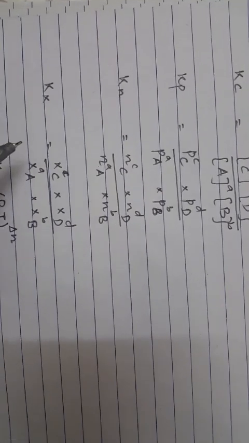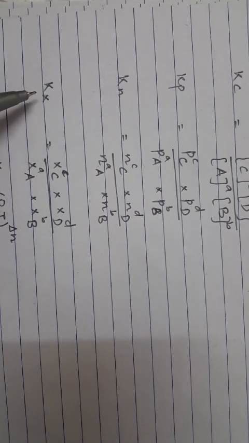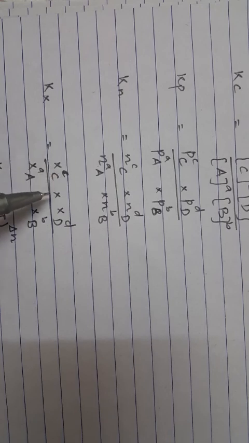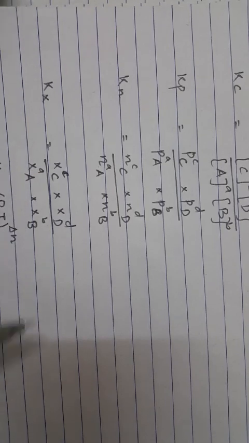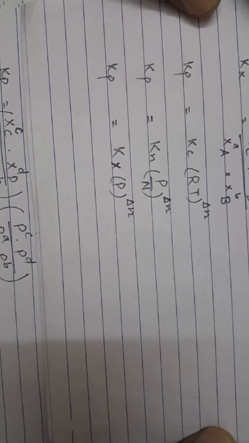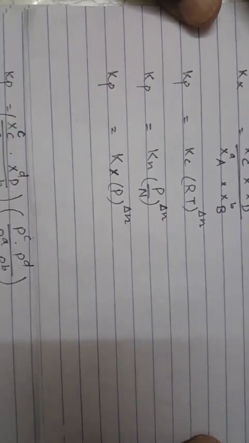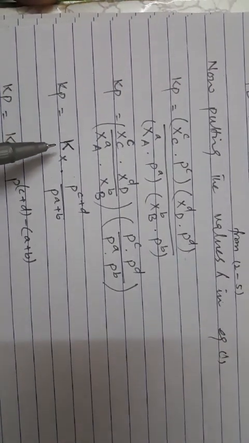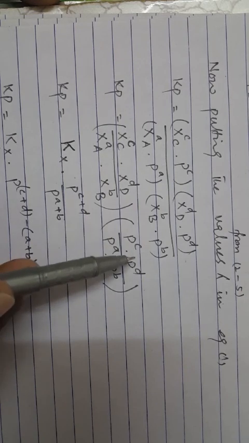The first part is the mole fraction equilibrium constant, which is the last expression we discussed on the previous page: Kx is equal to mole fraction of C power c into mole fraction of D power d divided by mole fraction of A power a into mole fraction of B power b. We can compare it with the same expression. Yes, so Kp is equal to Kx into P power (c plus d).